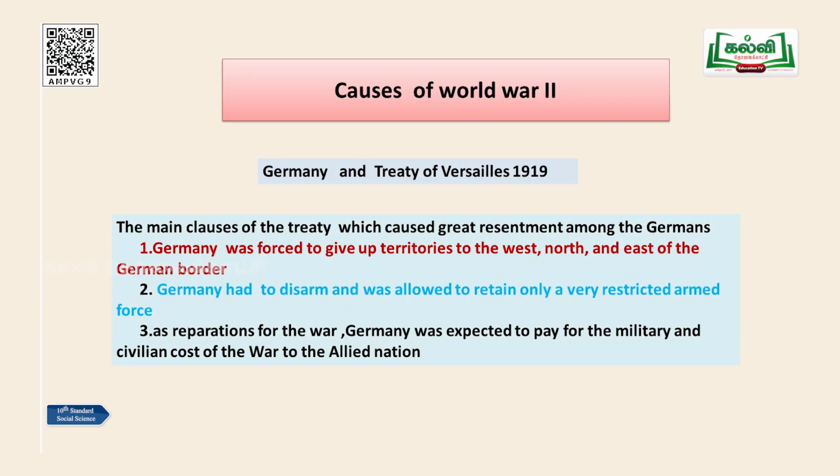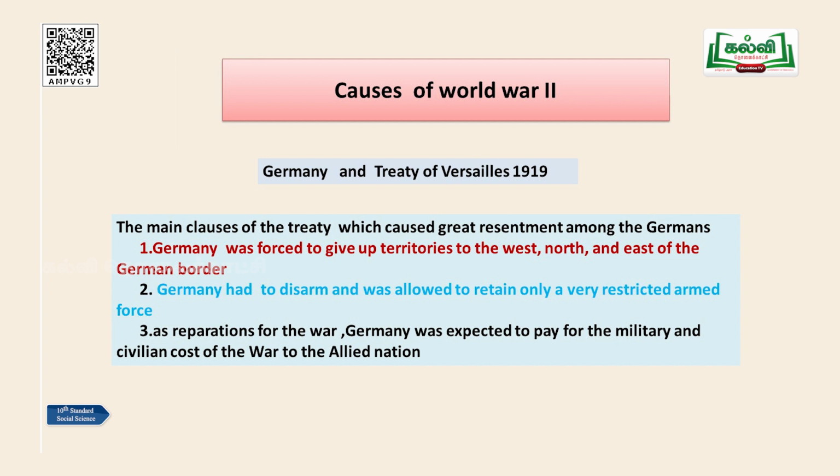Then in the north, the northern border was given to Belgium, and in the east, the eastern portion of Germany was given to Poland. Like this, the German borders were shared between the Allies after World War I.